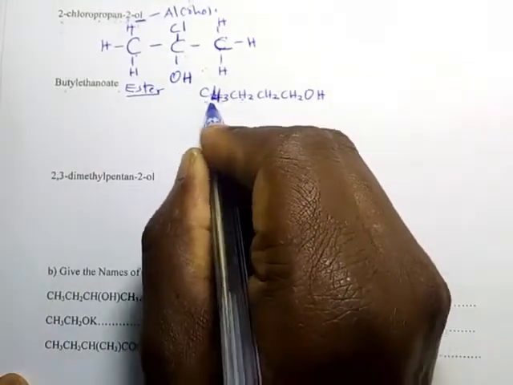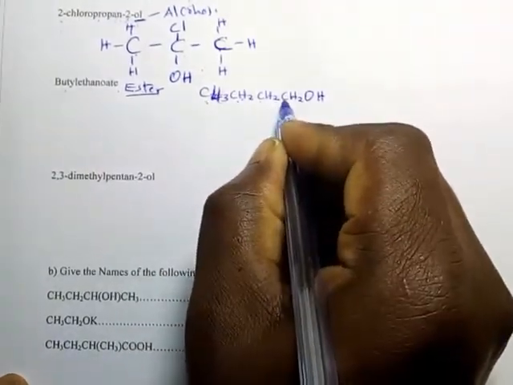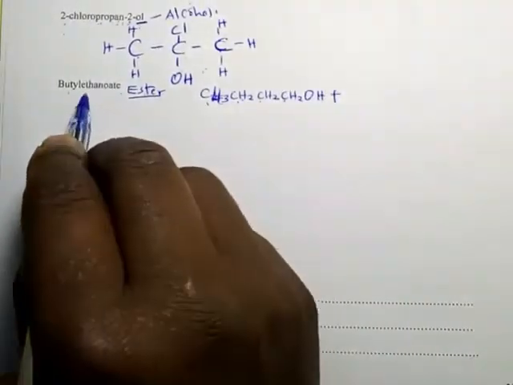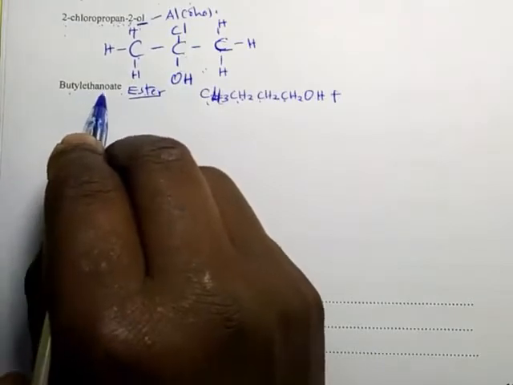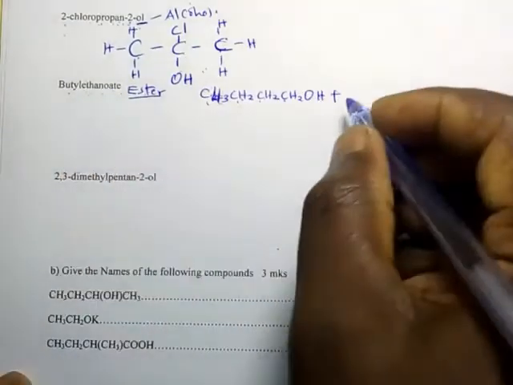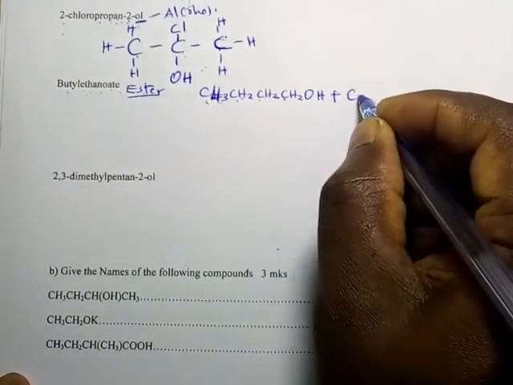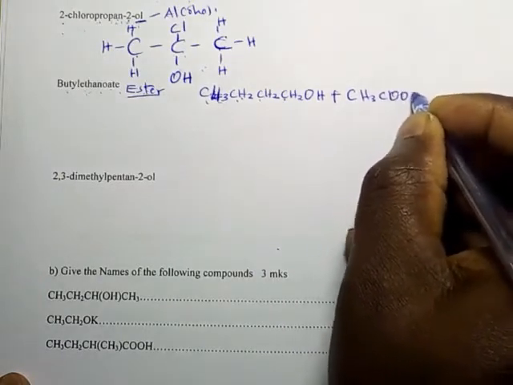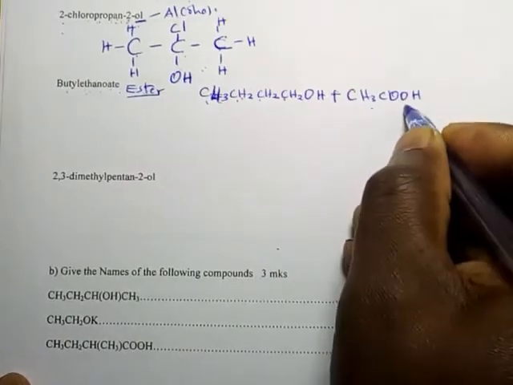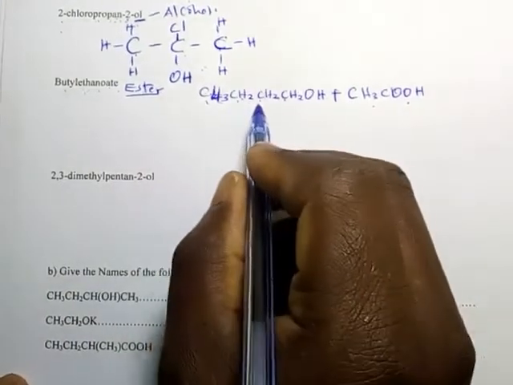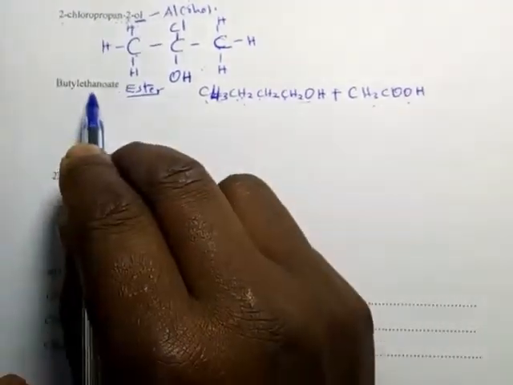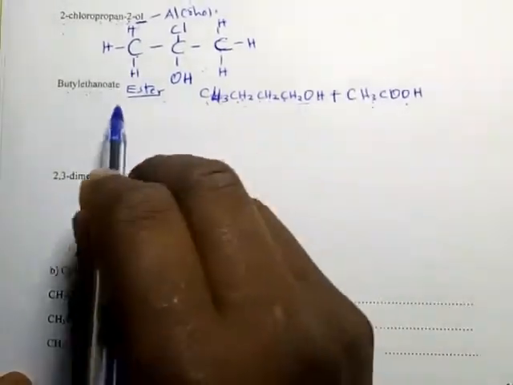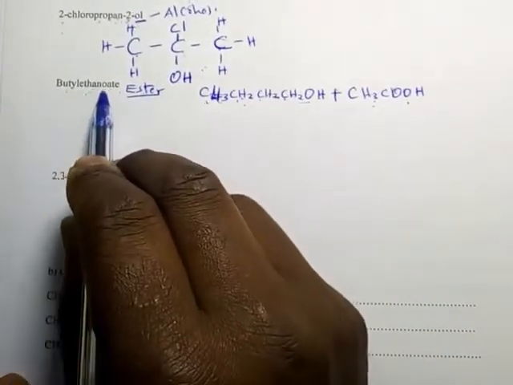This is butanol, carbons 1, 2, 3, 4. This butanol reacts with ethanoic acid. Ethanoic acid is CH3COOH. So butanol, when reacting with this one, will give you an ester called butyl ethanoate.